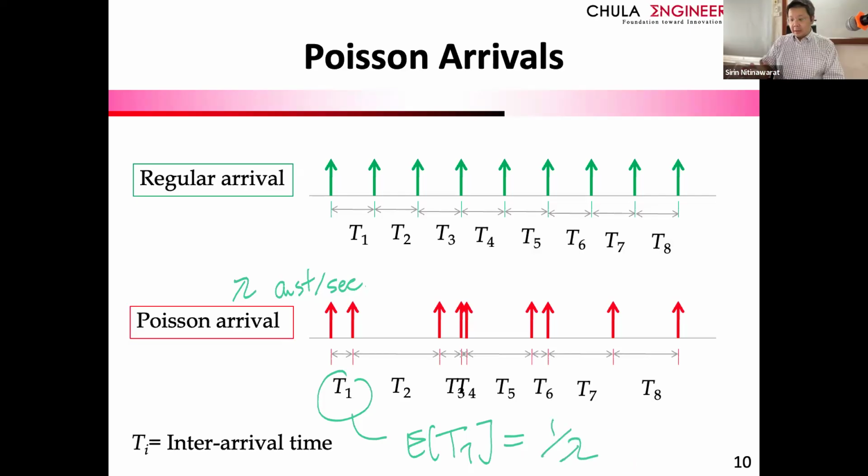Because if it's 1 over lambda, if I know that each customer should take 1 over lambda, so this is in seconds, then what can I say? This is roughly saying that one customer is coming in every 1 over lambda second, on average. So then what should be the incoming rate?